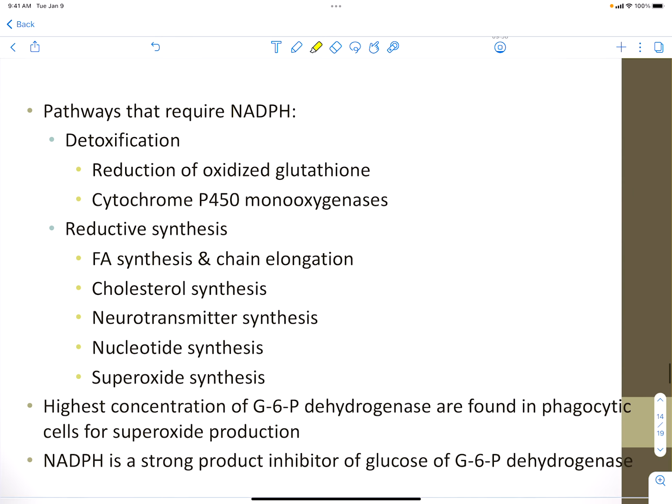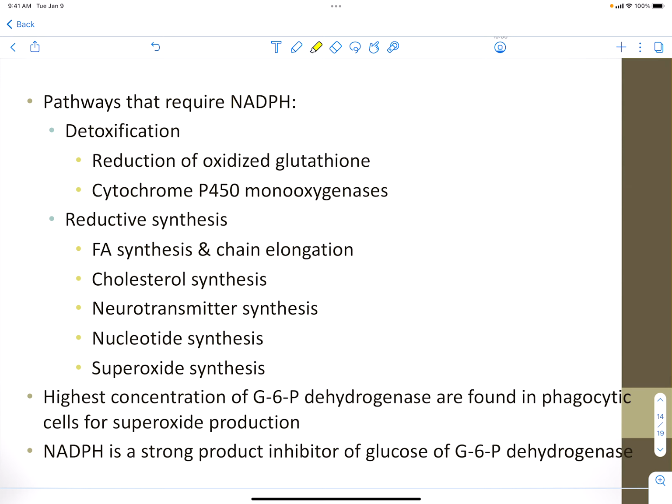Now, what is NADPH going to be used for? Again, it depends on the cell. We have our reduction of glutathione, and this is important for protecting against reactive oxygen species. And then we have our cytochrome P450, and this is going to be our detox, especially in our liver. They have a lot of P450.